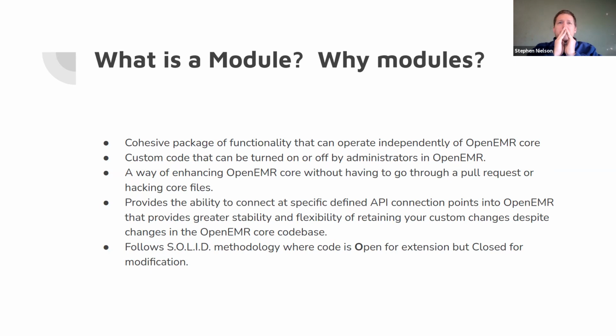So I could have my own independent piece of code, but I can't really go in and modify things. If I want to have something displayed on the calendar, I can't do that. If I wanted to change up how the login logic works, I can't do that, right? I need to be able to modify core code without breaking my stuff, right?